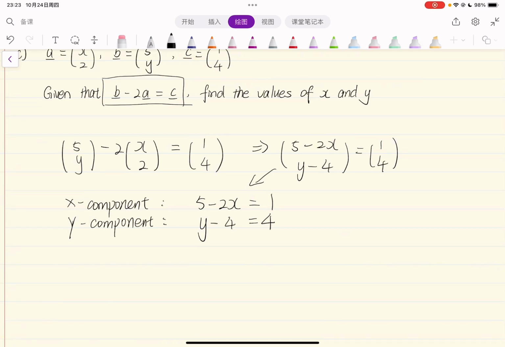From 5 minus 2x equals 1, we have minus 2x equals minus 4, so x equals 2. For the y component, we have y minus 4 equals 4, so y equals 8. So we have the solution that x equals 2 and y equals 8.